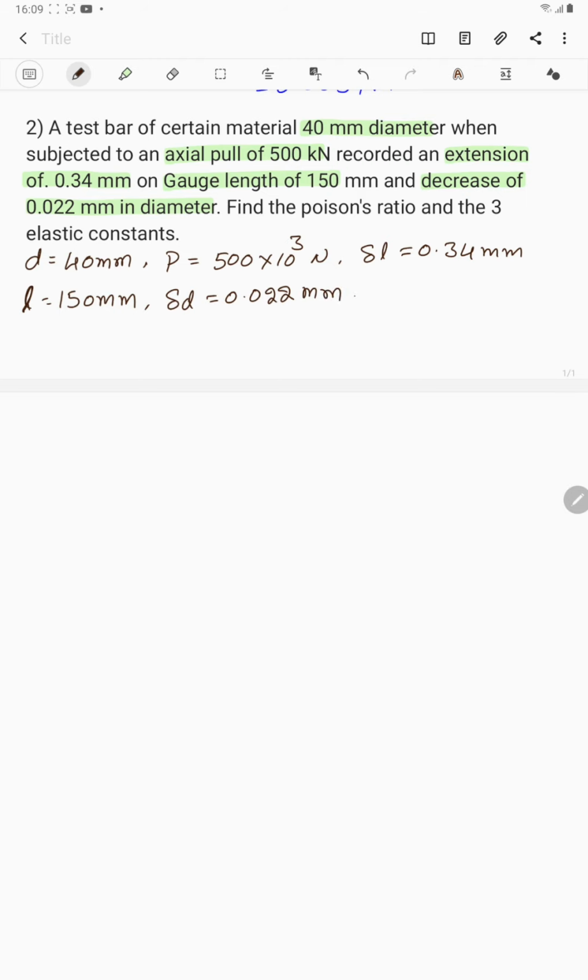Find the Poisson's ratio. 1 by m equal to how much? 3 elastic constants means E equal to how much? Shear modulus C equal to how much? And bulk modulus K equal to how much? That is the problem. First let us find the Poisson's ratio.